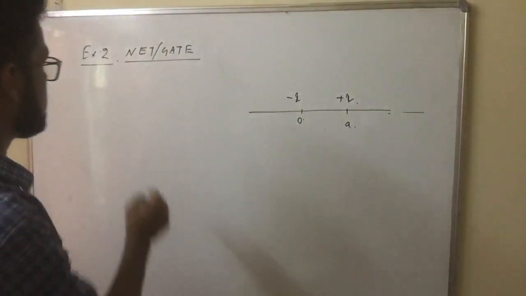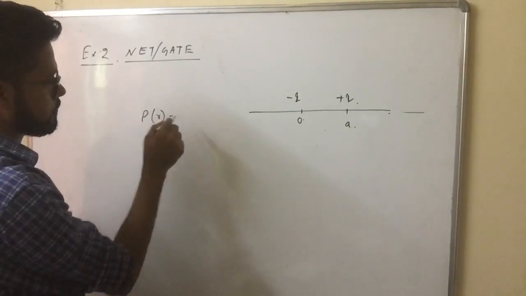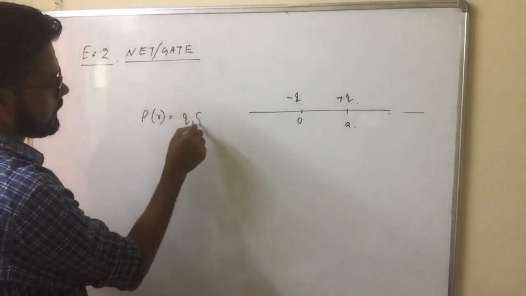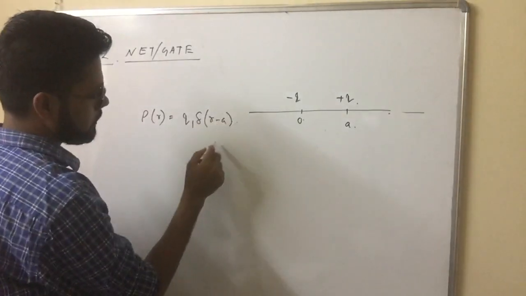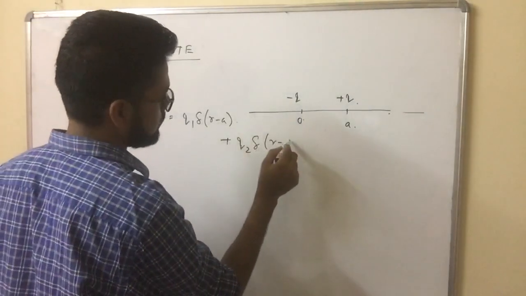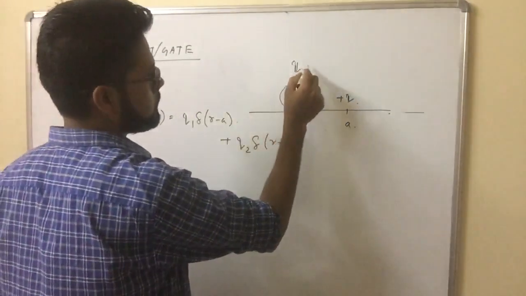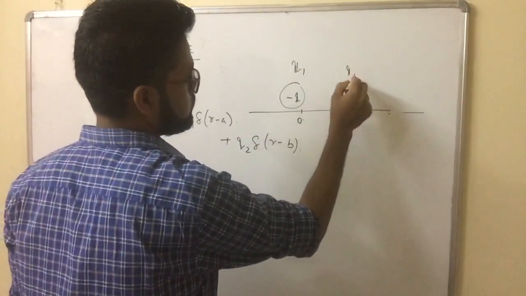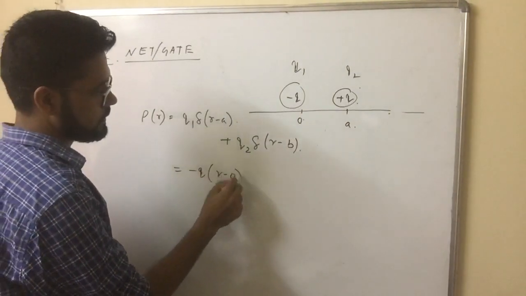So how can we express the charge density? This is simple. Q1 delta of r minus a, plus Q2 delta of r minus b. So here one charge is minus Q, located at which point? The center, 0.